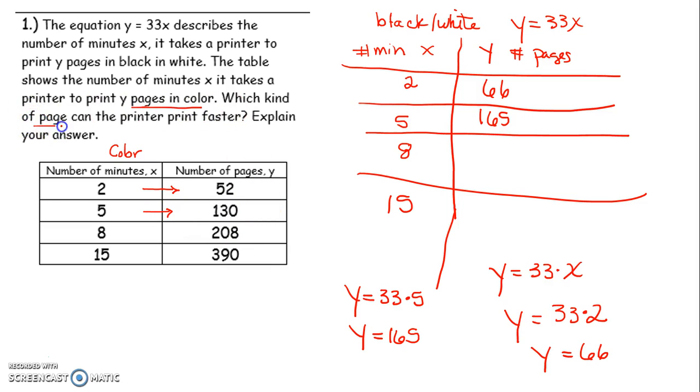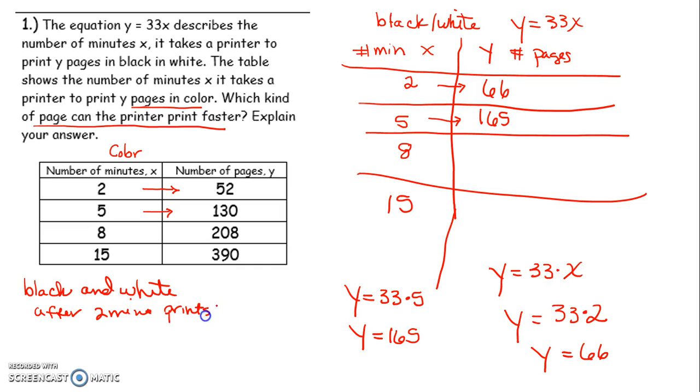Well, which kind of page can the printer print faster? It sure looks here like black and white prints pages faster, which makes sense. Black and white is easier for the printer to make, so it can print it quite a bit faster, which is great. Okay, so black and white, after 2 minutes, prints 66 pages.